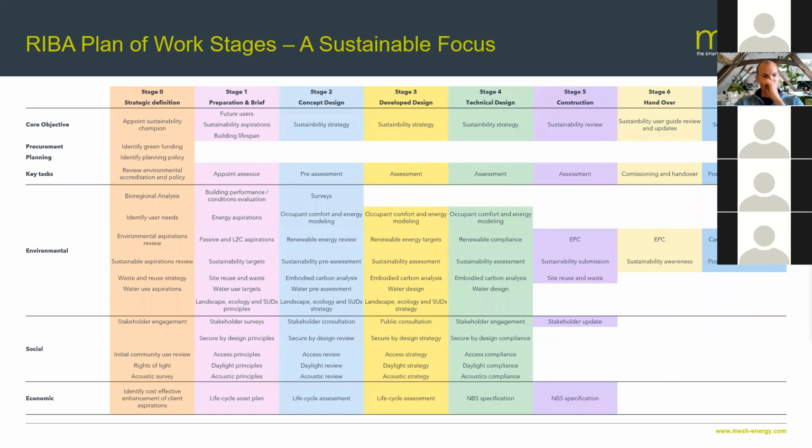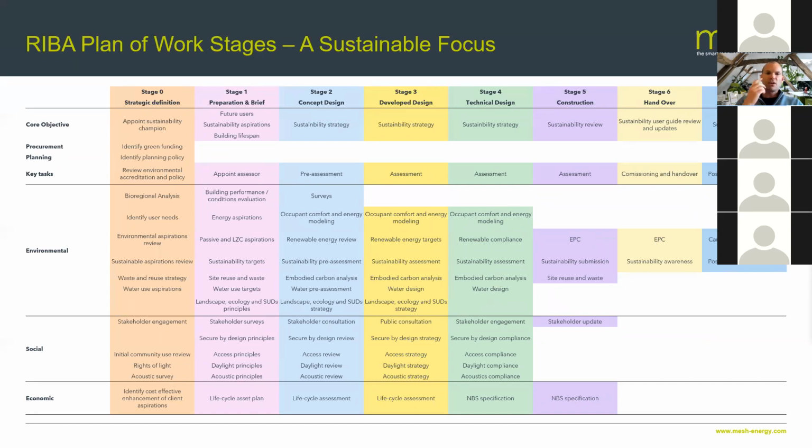What I do want to bring your attention to is the way in which sustainability gets layered on to those various stages. Apologies if some of this text is small. Hopefully, if you've got a big screen, you can see this a bit better. But we've got the stages across the top here. They've got a whole load of objectives and tasks, be that environmental, social, economic areas, which give a bit more depth to these various stages.